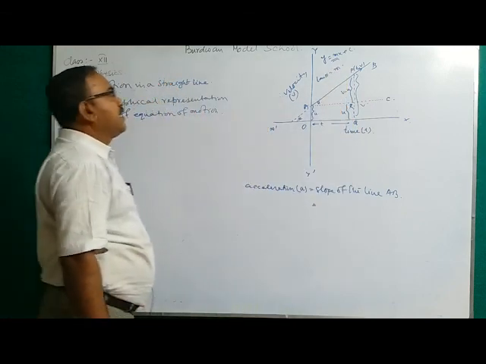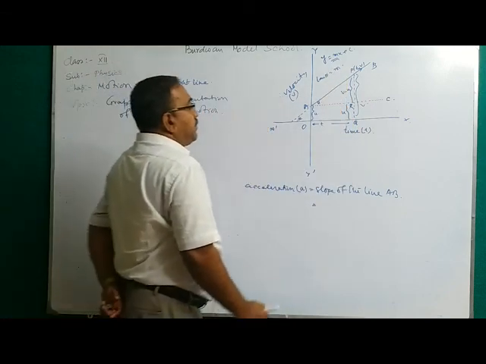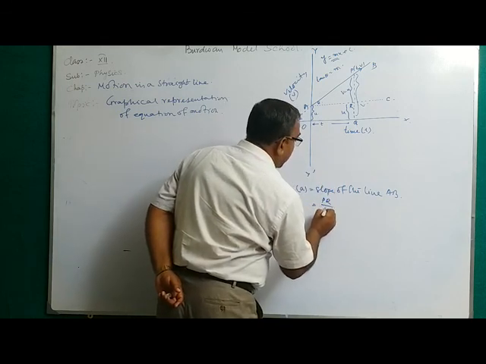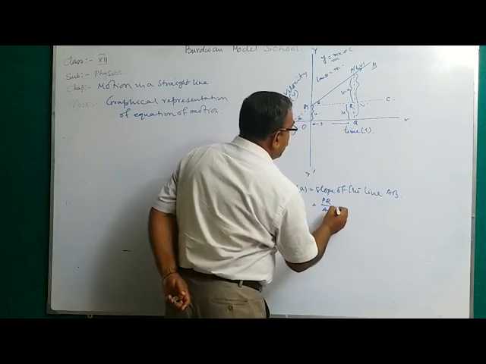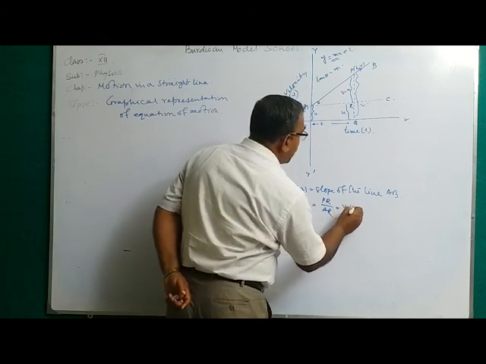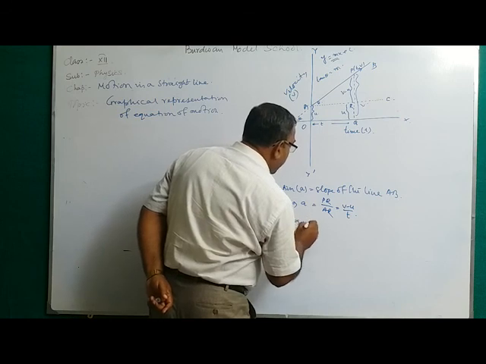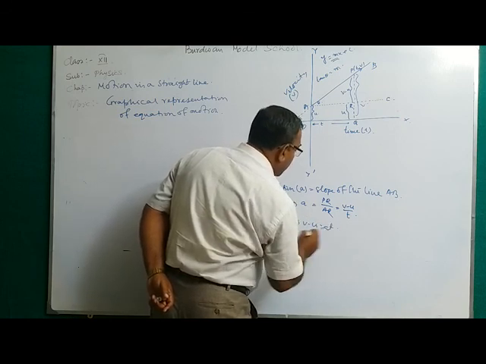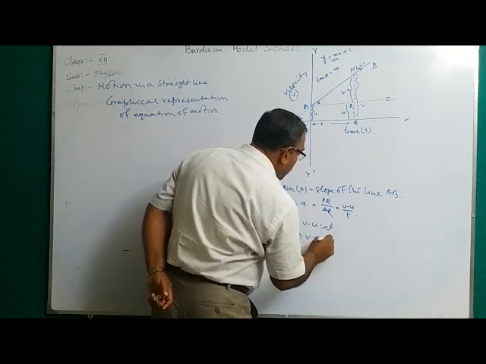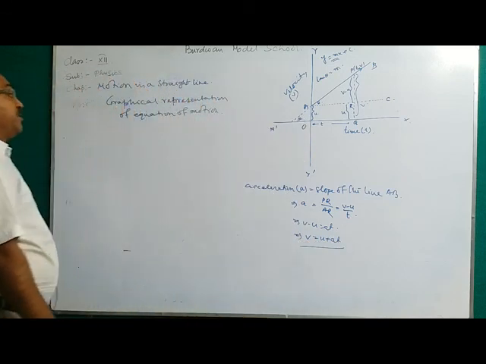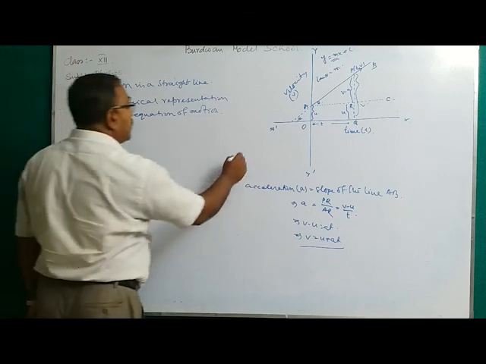That means tan theta equal to height by base, which means PR by AR. What will be PR? v minus u by t, that is equal to a. v minus u equal to at, that is v equal to u plus at. This formula you derive from your graphical method.